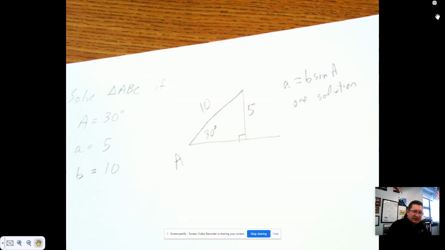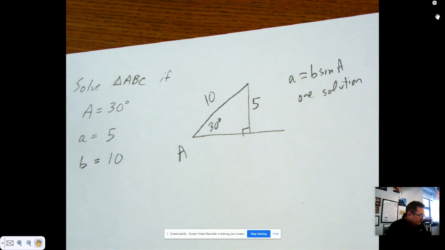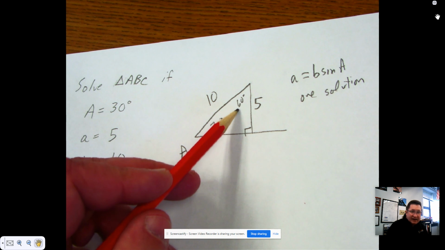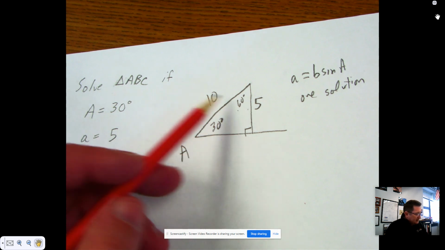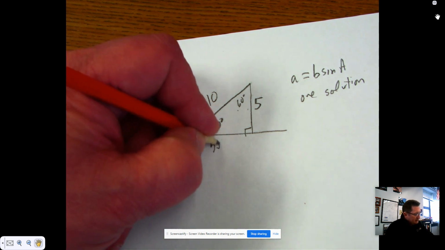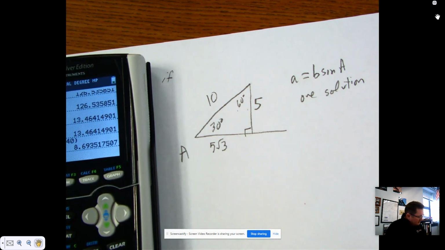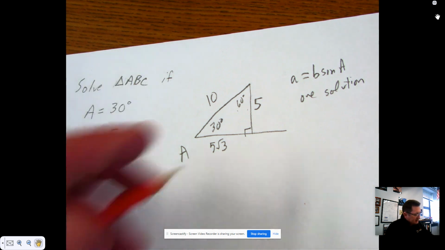This particular one that I've drawn is pretty fast because it's a 30, 60, 90 triangle, and we know about 30, 60, 90s. That makes that angle 60, and we know that that's 10, and this one is 5 root 3. You could use the law of sines, but in the interest of time, since I gave you a nice one here, 5 root 3 is 8.660.